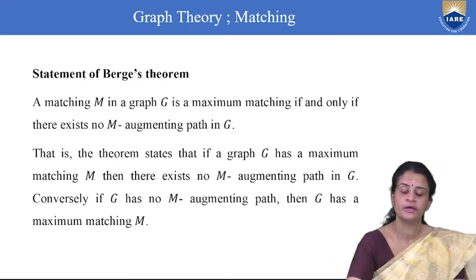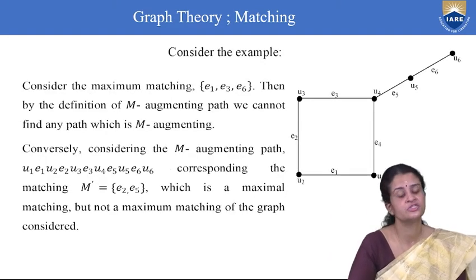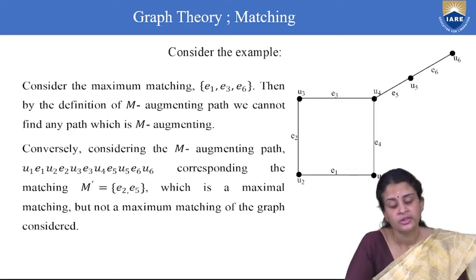Here we can see this matching. We have already seen that E1, E3, E6 is a maximum matching, no doubt about that. We cannot find any other matching containing it. It is a maximal matching, and its cardinality, 3, is the highest, so it is also a maximum matching.